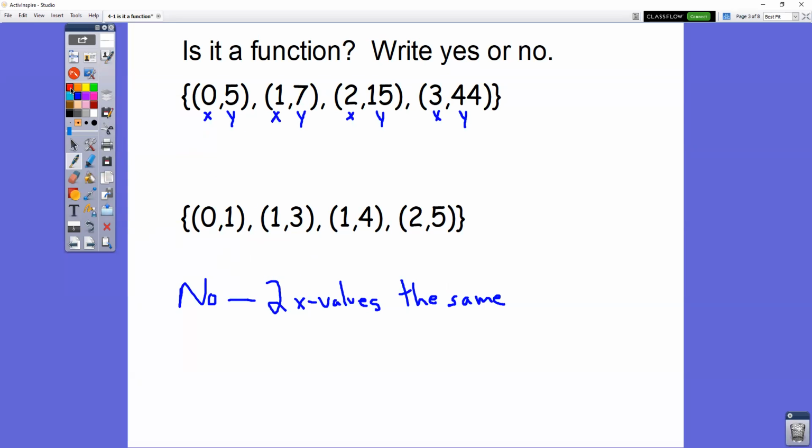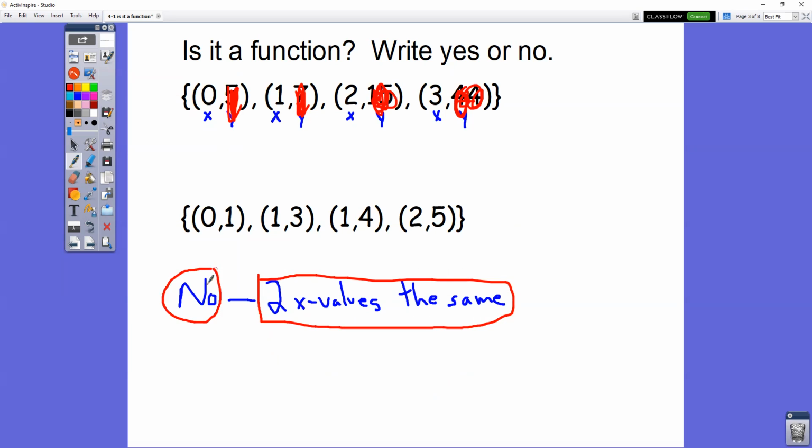I only care about my x values. Did I say anything at all about my y's? No. What you can do is cross out all of your y values. All I care about are the x's. If it has two x values the same, then it is a no.